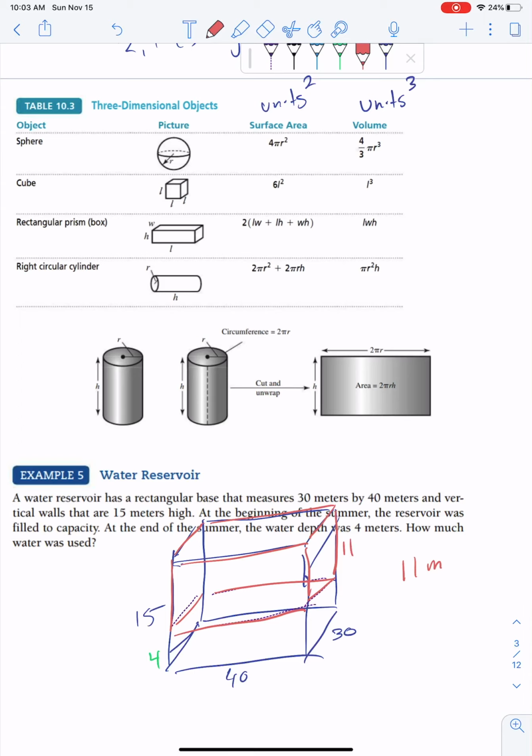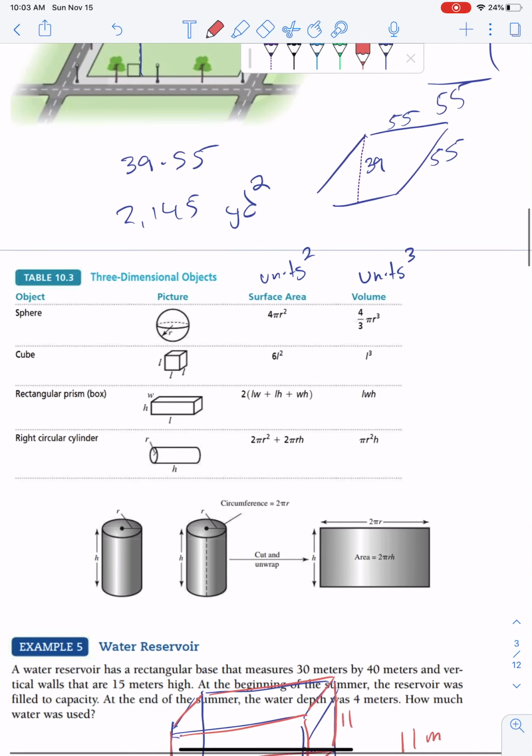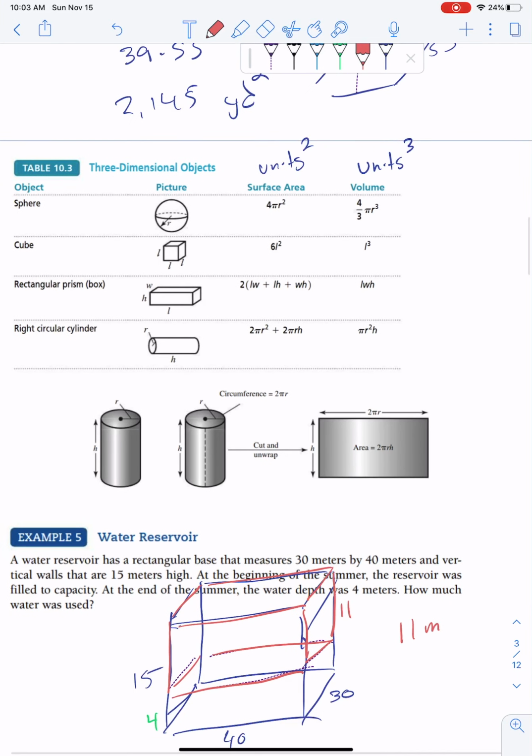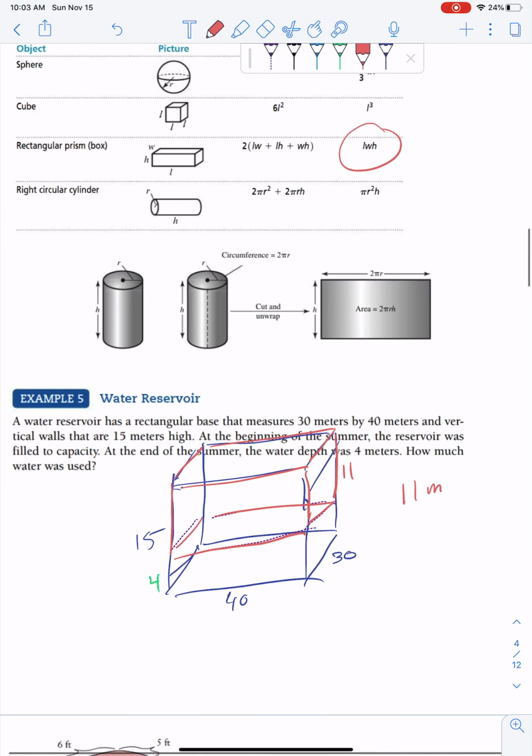Now to find the volume of a rectangular prism, that's right here. Volume, I need my length times my width times my height. Well, my length is 40, my width is 30, and my height, because I'm only looking for the top that has been used, I'm going to times by 11.